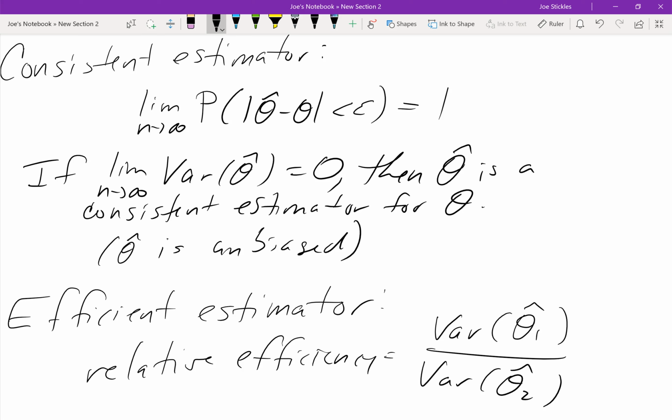We started talking about the most efficient estimator you can possibly have, a minimum variance estimator, but we're going to save that for the final, because we haven't done enough of the background yet to put it on the test.